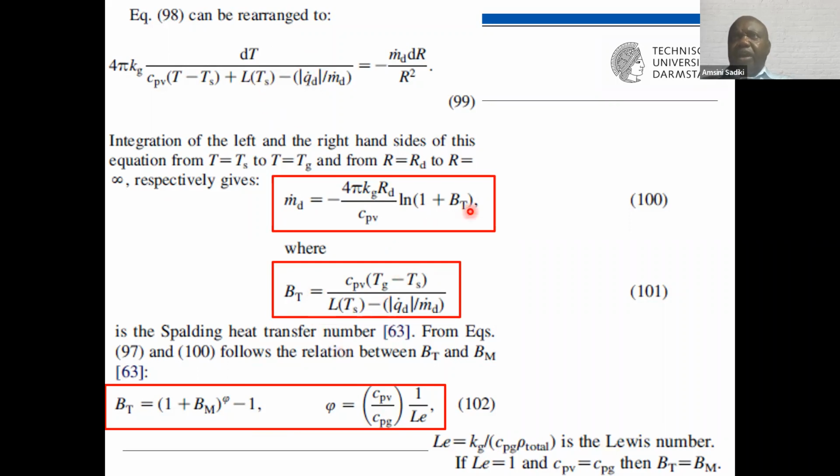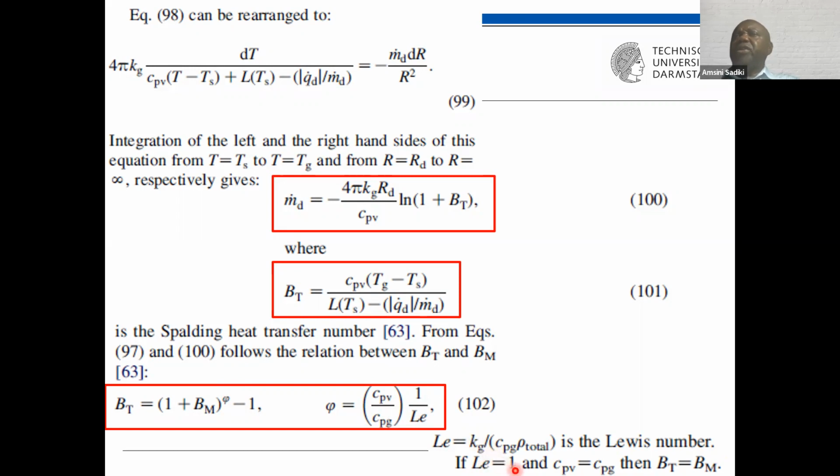We can then obtain a relationship between BT and BM, and it is obtained in this way, where phi includes the ratio of CP for the vapor and CP for gas, and we have here this Lewis number. It is this relationship here.